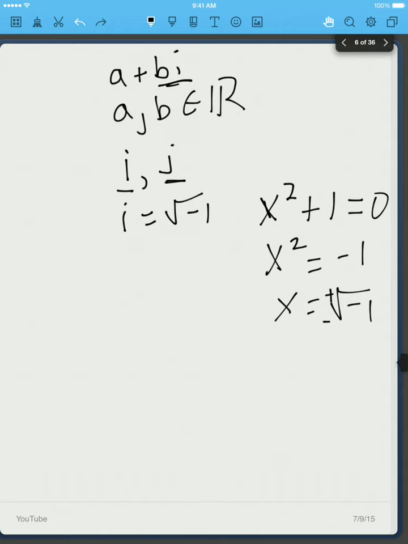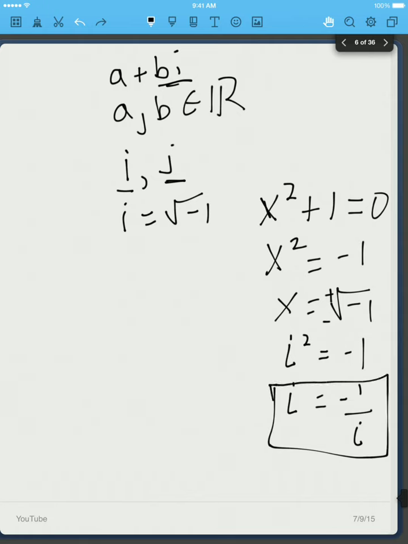And of course, you can say that i squared is equal to -1. Another identity is that i equals -1 over i, which is a very interesting and helpful identity. So when we look at complex numbers, we think of them as having two parts, a real part and an imaginary part.